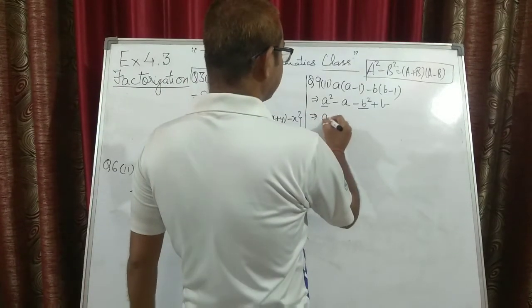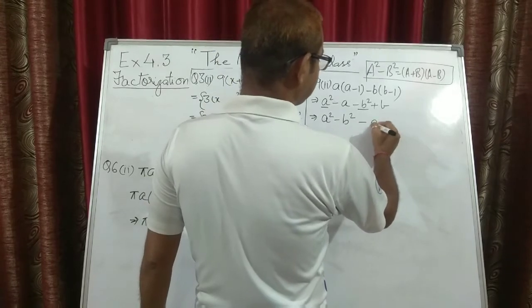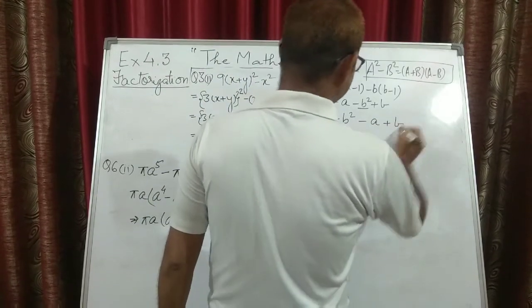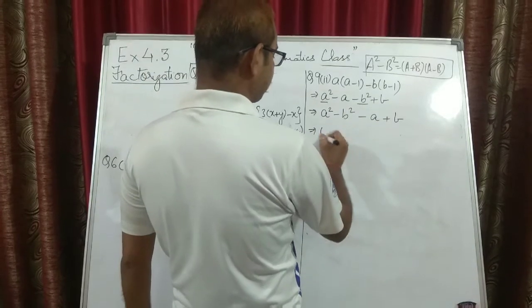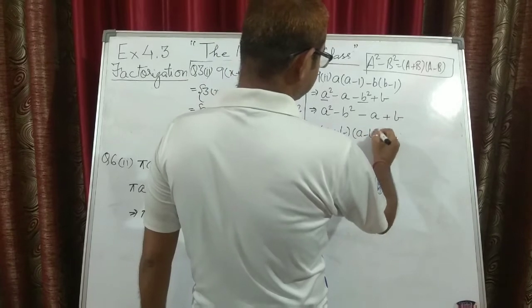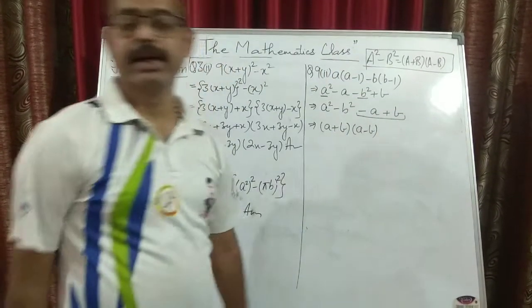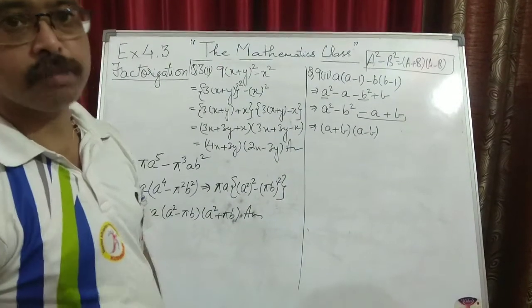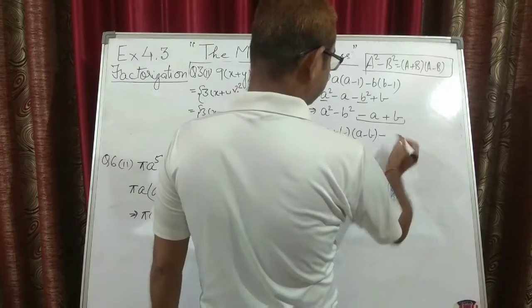We will say a square minus b square, then minus a plus b. Now we know a square minus b square is a plus b and a minus b, so simply you can write it as a plus b and a minus b. Now from this term, I am taking minus common.